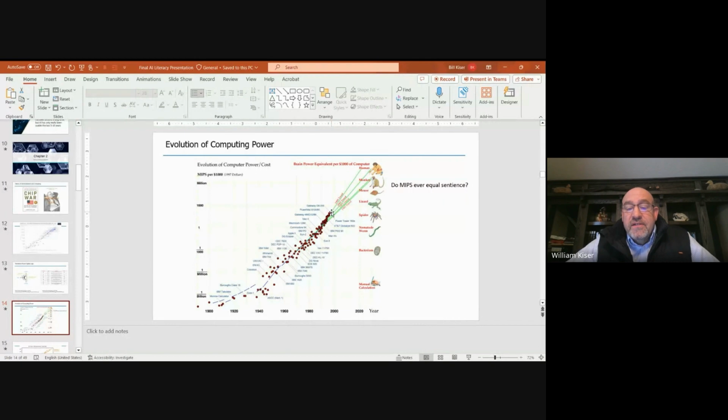By 2000, you were getting about 1,000 million, or a billion, instructions per second for every $1,000 that you spent. Why this is important, why I always thought it was important, is if this line continued, the idea was that by 2020 or into 2030, you would have an amount of computing equal to the computing power of a human.